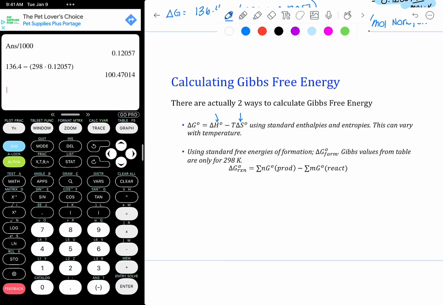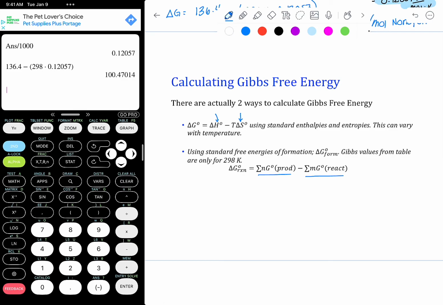So we can use our standard free energies from Appendix 2 and plug it into the same type of equation that we use to solve for delta S and delta H, where we take the G of the products and subtract off the sum of the G's of the reactants.